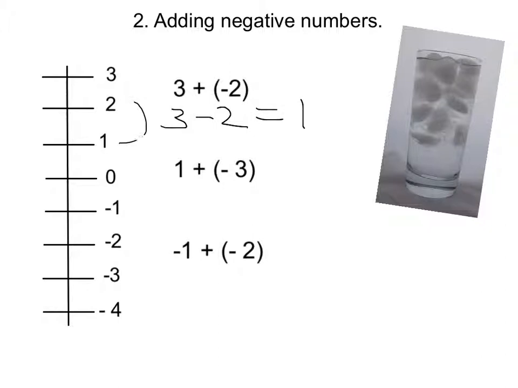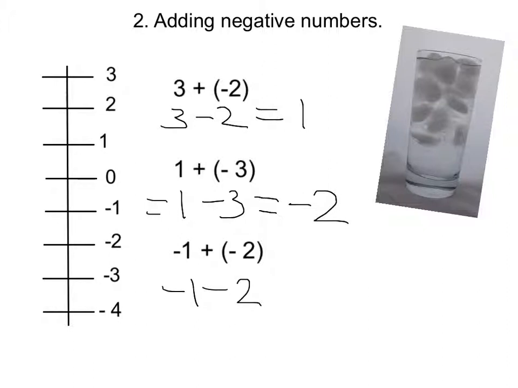Now for 1 add minus 3, that's the same as 1 take away 3, and we start at 1 and go down 1, 2, 3, and we get to minus 2. And minus 1 add minus 2, we start at minus 1 and we take away 2. So we get to minus 3.